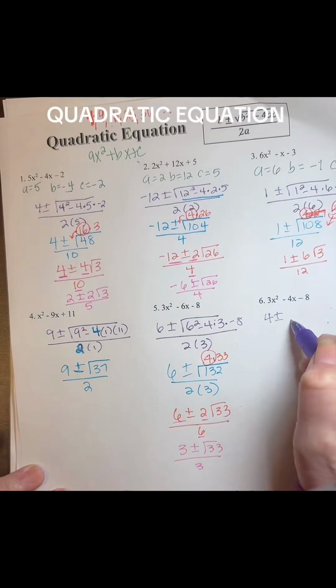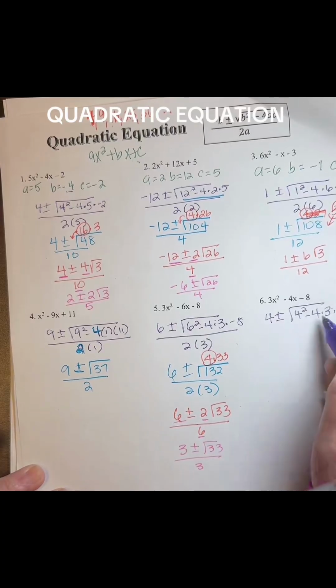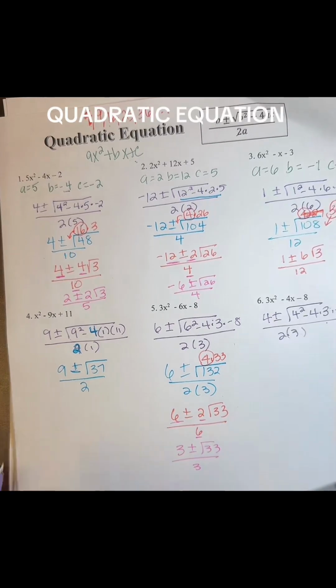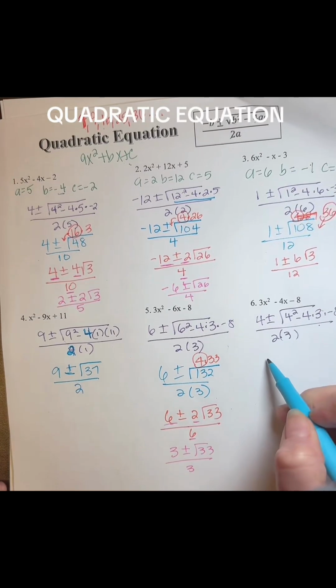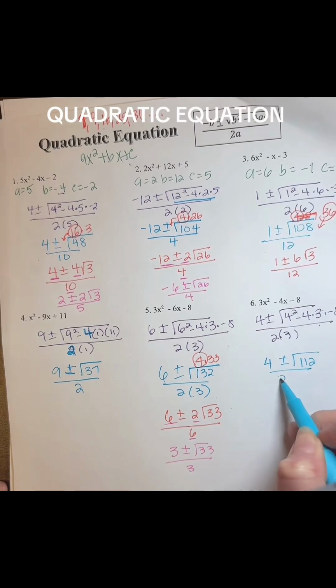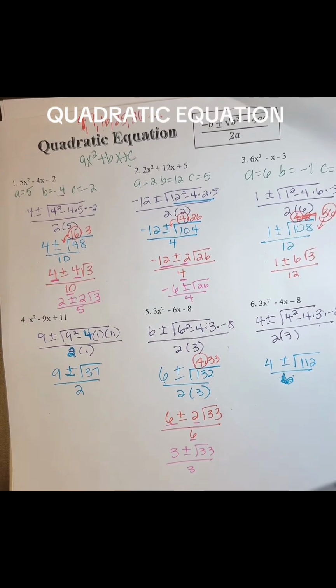Okay, the last one. 4 plus or minus the square root of 4 squared minus 4 times 3 times negative 8, all over 2 times 3. Is 4 plus or minus square root of 112 over 2 times, well, we'll just put 6. Now, 4 goes into 112.